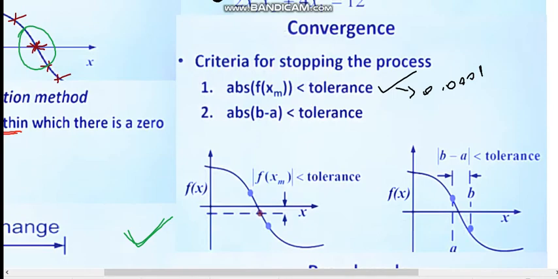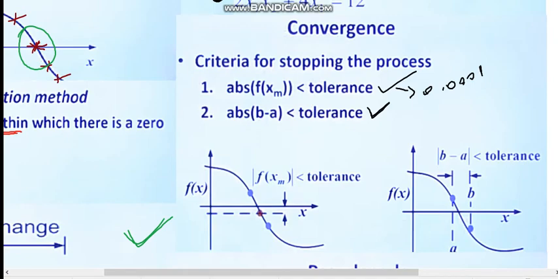Which means that f of x is almost equal to 0, and the corresponding value of x m will be your solution. Otherwise, you can also take this condition, that is, the absolute value of b minus a, the difference of these endpoints, is less than the tolerance.